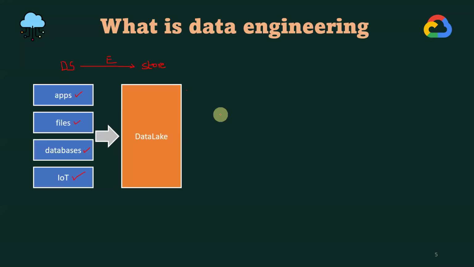A data lake is a centralized large repository to store your entire data in the raw format. We will talk about the data lake later, but it is the location where we store the entire data in raw format.